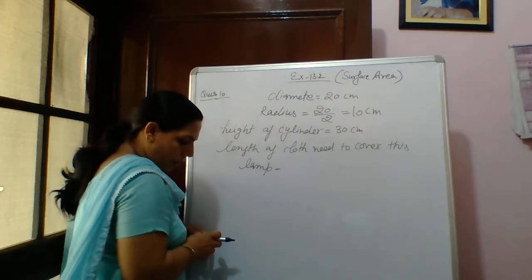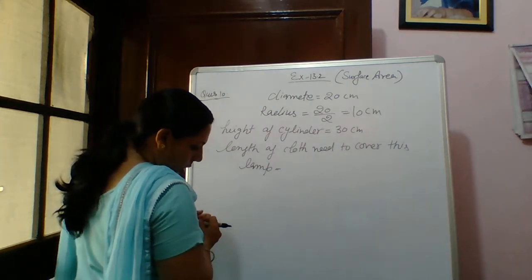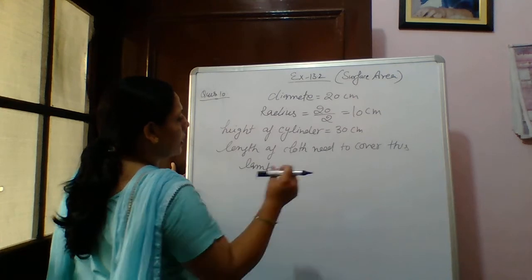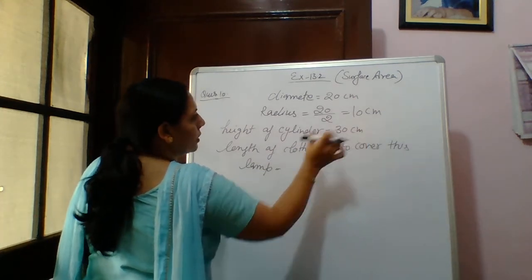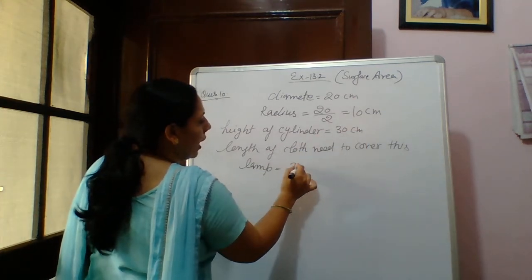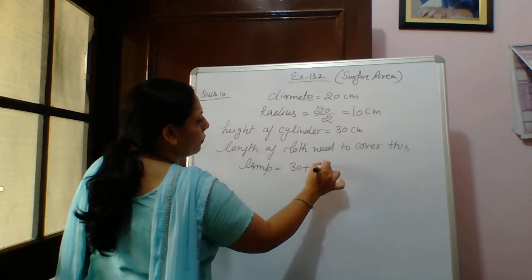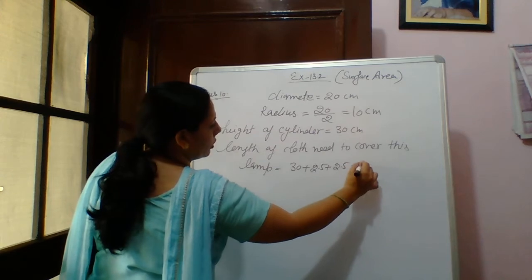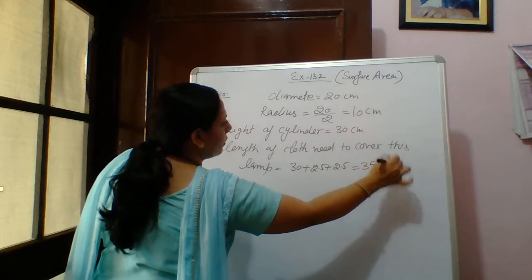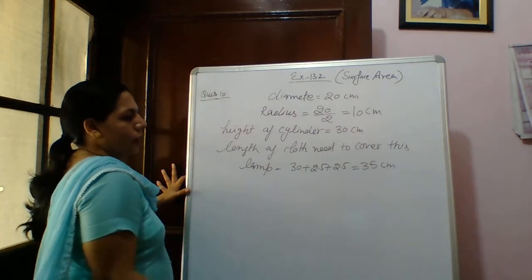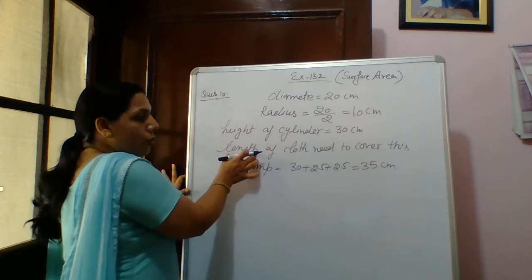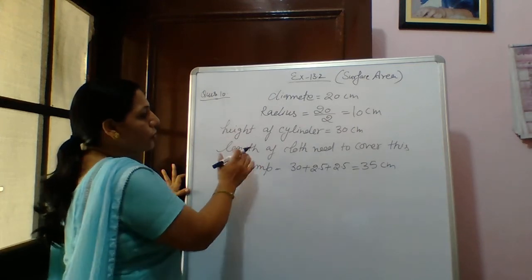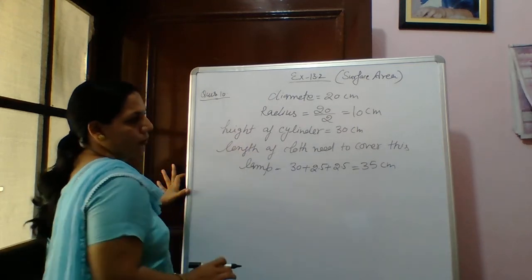Length of cloth needed to cover this lamp: 30 cm height is given, so we will add 2.5 from the top and 2.5 from the bottom, that is 35 cm. I am writing here length of cloth, not the quantity of cloth, not the area of the cloth.